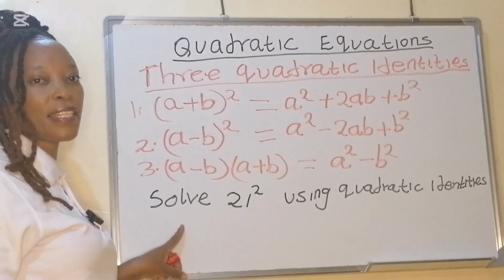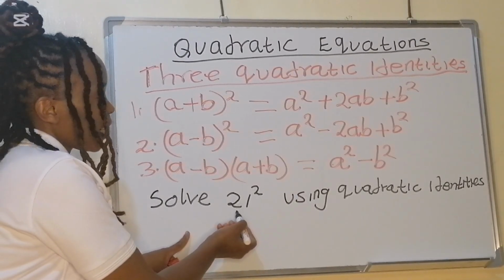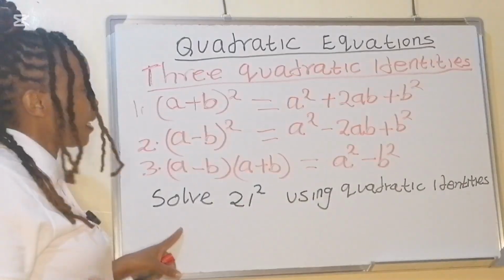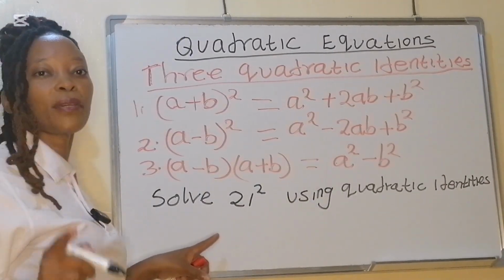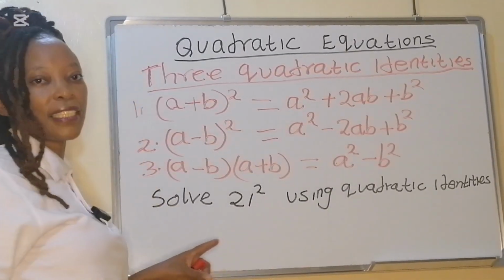I know it is very easy to just use a calculator, do 21 squared and get the answer. But you will still get the same answer using quadratic identities.